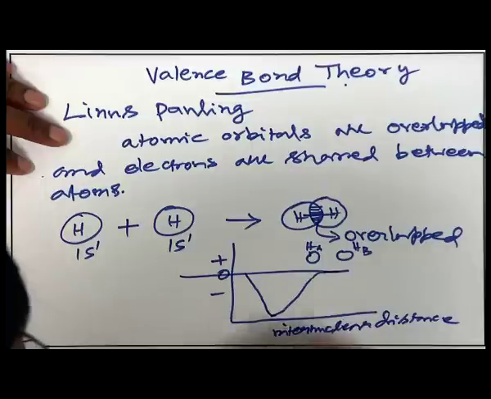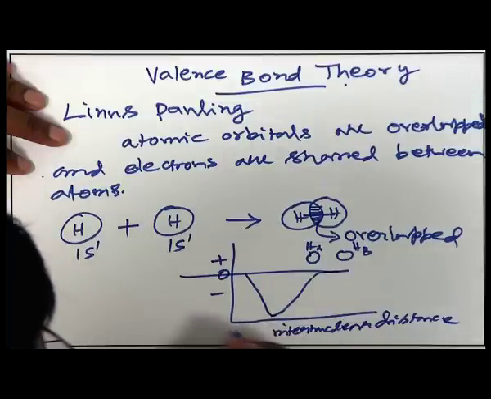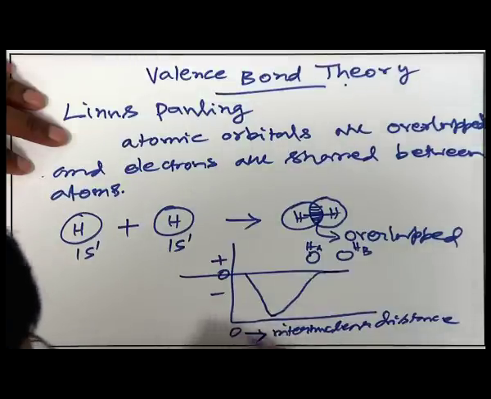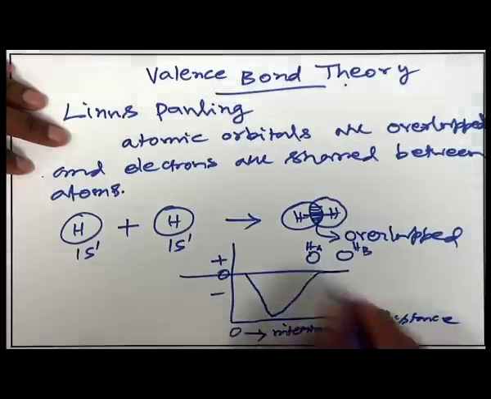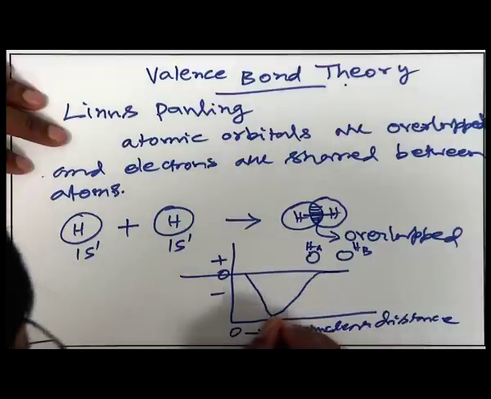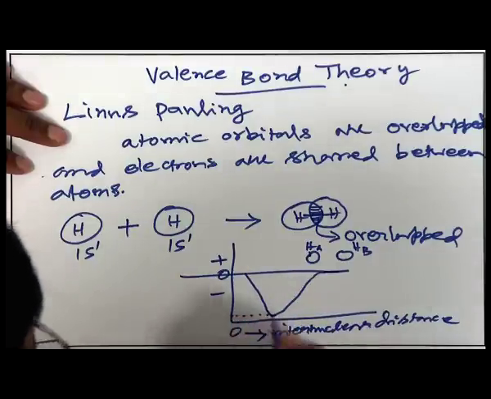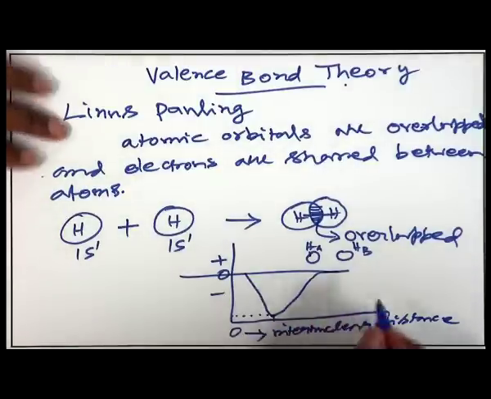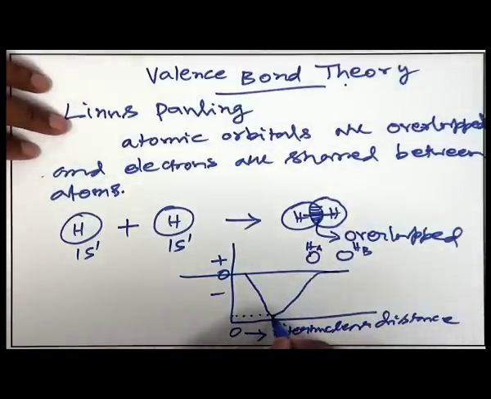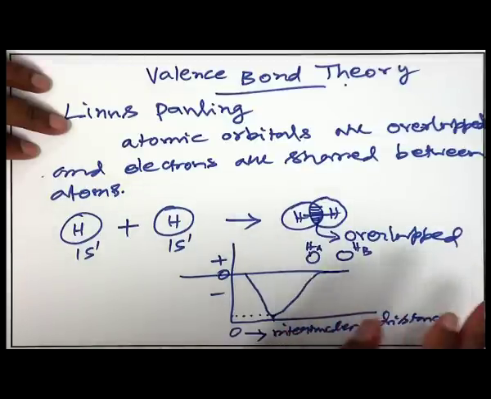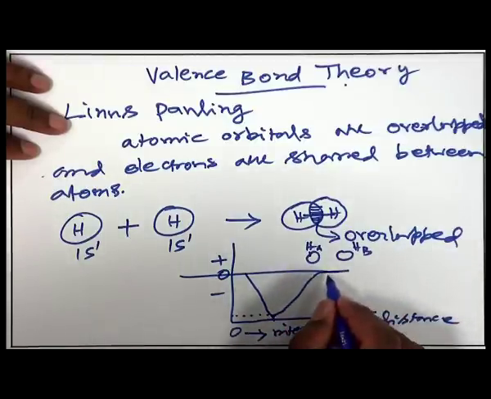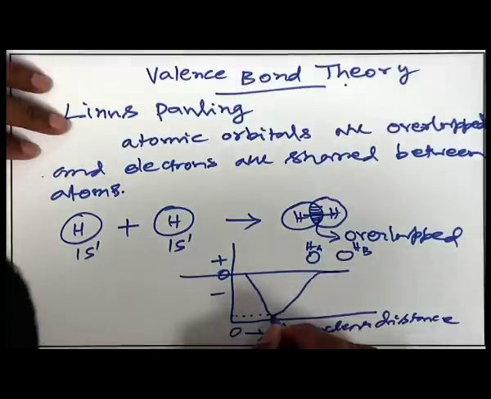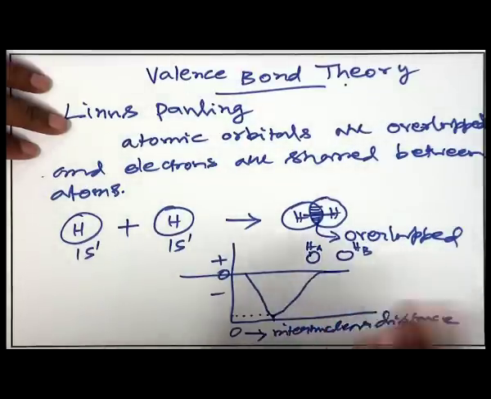From 0 the energy then increases to some positive value. It reaches a minimum, which is the energy of the molecule, and this is the distance between the two hydrogen atoms. At this distance a bond is formed and energy is released. How much energy is released? The difference between this level and this level.